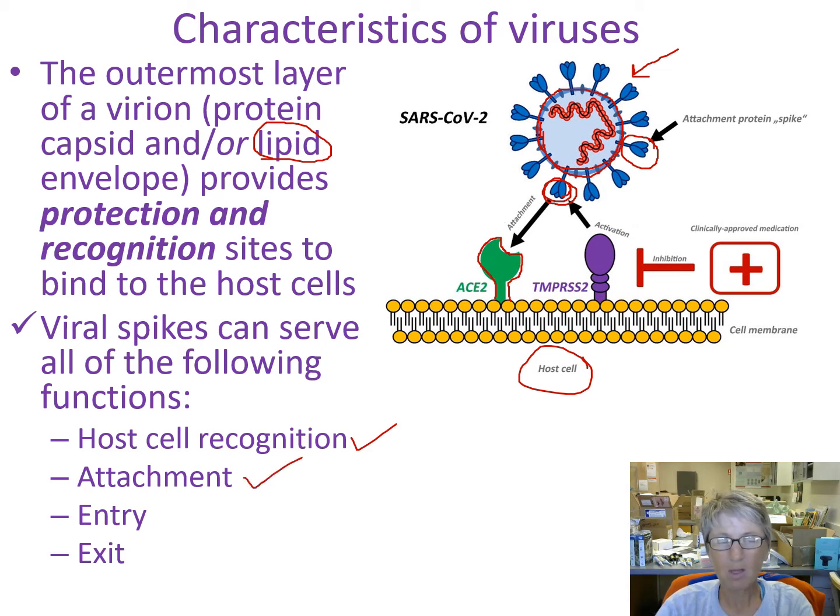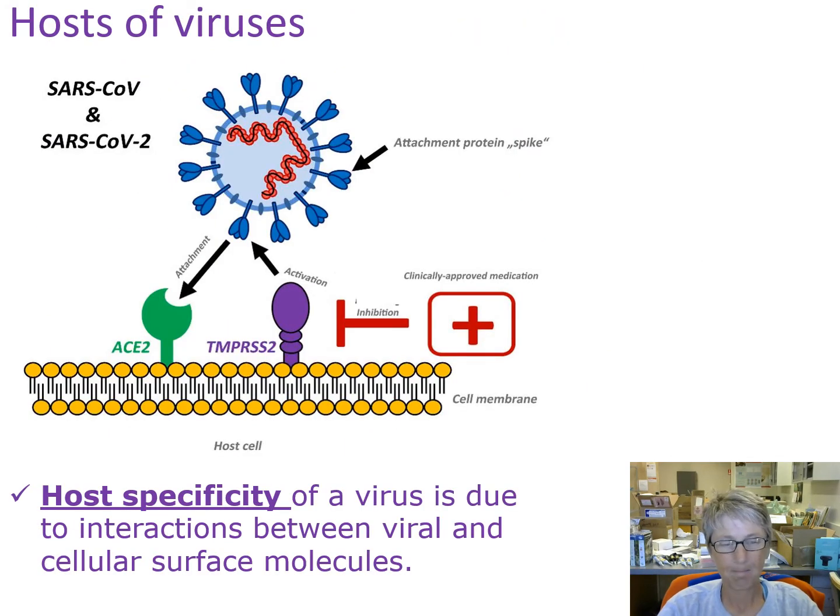And once you recognize the host cell, that's called attachment. And then after you attach to the host cell, you can get activated. That will allow you to enter the host cell. And then once inside the host cell, you make a whole bunch of yourself. And then you exit the host cell. And where one virus went in, maybe 100,000 viruses came out. And you start to get really sick.